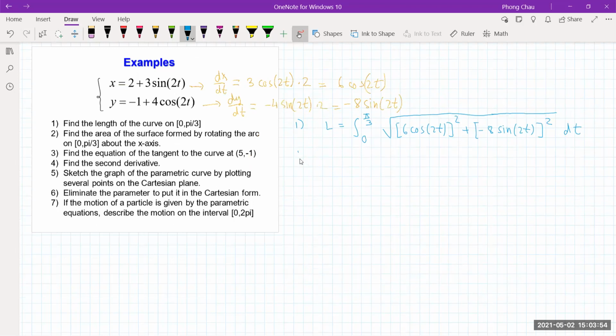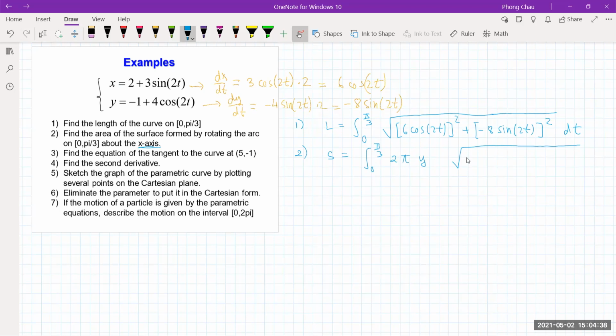Number 2, find the area of the surface formed by rotating the arc on the interval from 0 to pi over 3 about the x-axis. Okay, so when we rotate about the x-axis, then we will have 2 pi y, I'll leave the space there, times the square root, again, of this: that square plus that square.